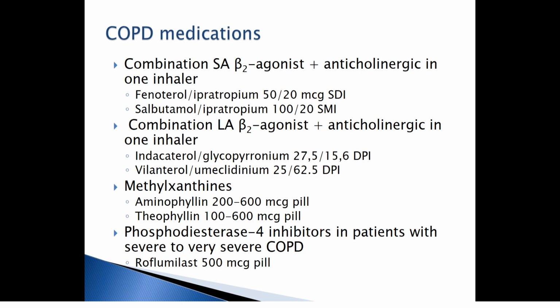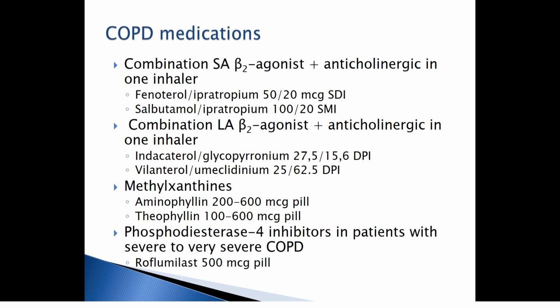The most common combinations are fenoterol with ipratropium, short-acting, and salbutamol with ipratropium, which can be used during an exacerbation. More commonly used are long-acting beta-2 agonist and anticholinergic inhalers, and these are indacaterol with glycopyrronium, and vilanterol with umeclidinium.